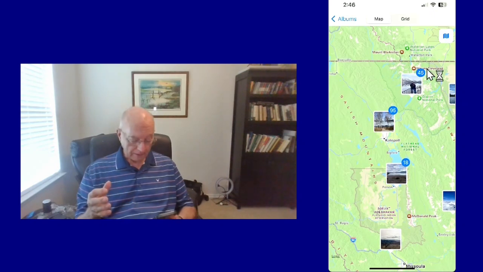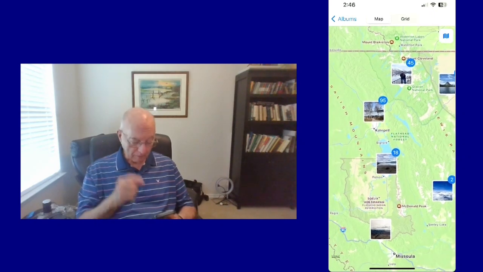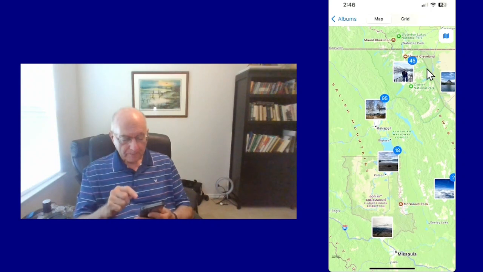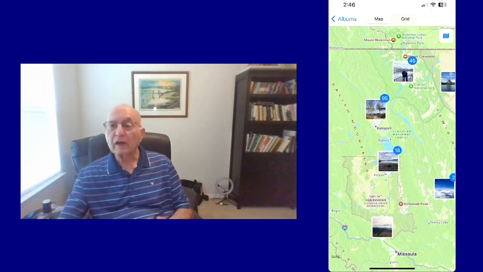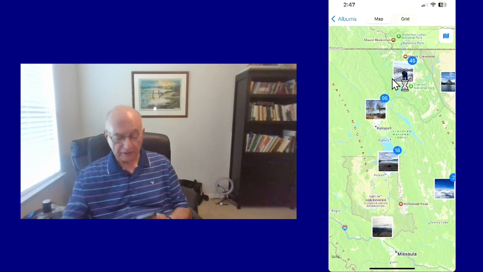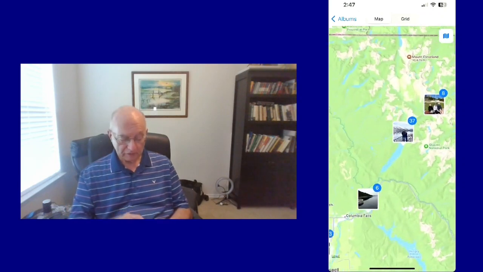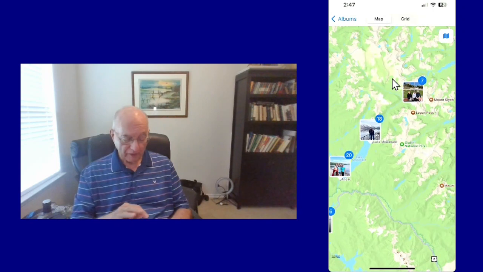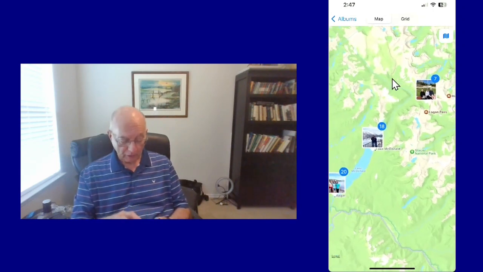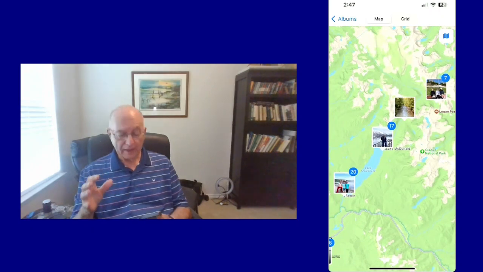So I have some pictures, say maybe from Glacier National Park, and I have 45 pictures that are in the Glacier National Park area. Probably if I keep on expanding that, it'll divide those out for different parts of Glacier National Park. So that's just a way to do it.